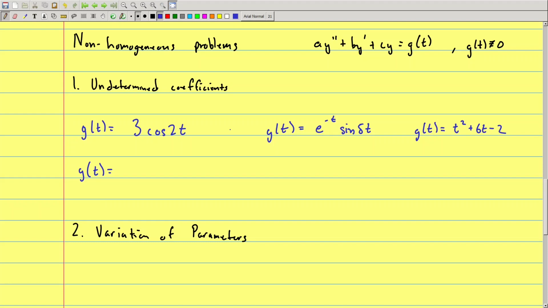I don't want to forget something. Oh, that's right. A polynomial times a trig function or something like that.